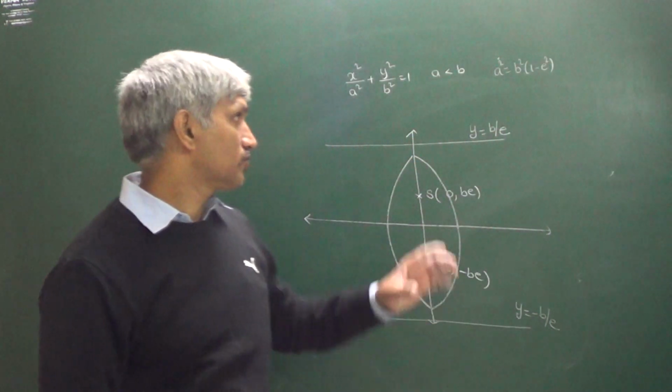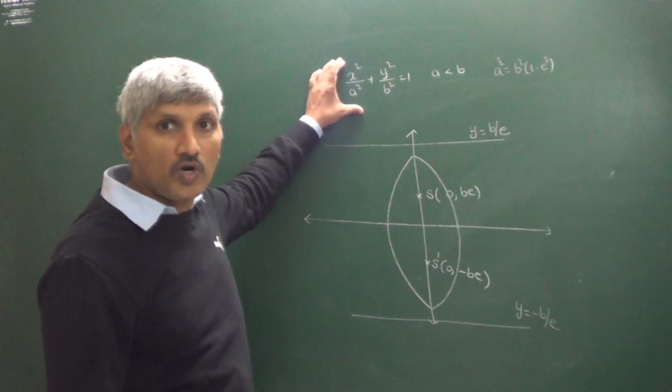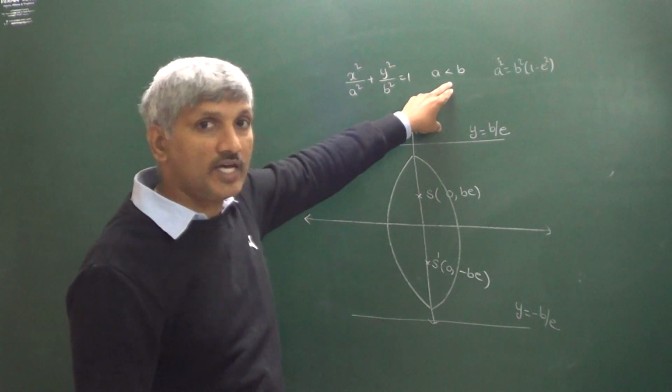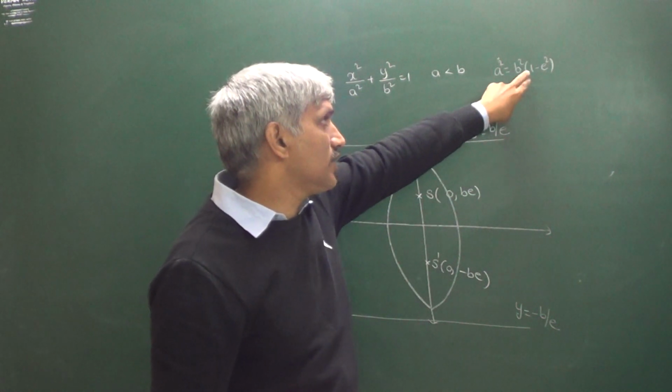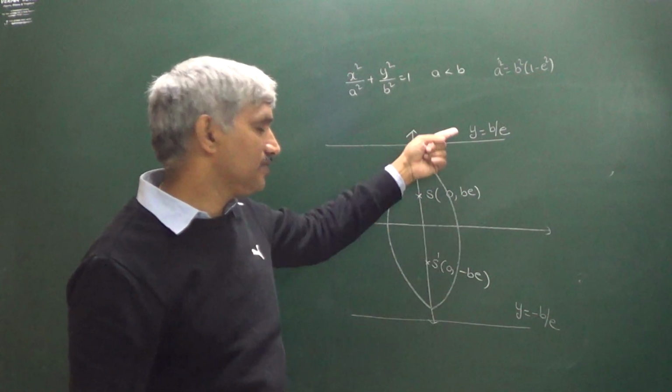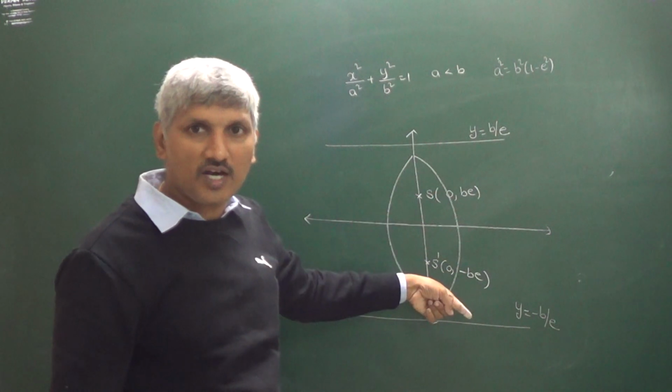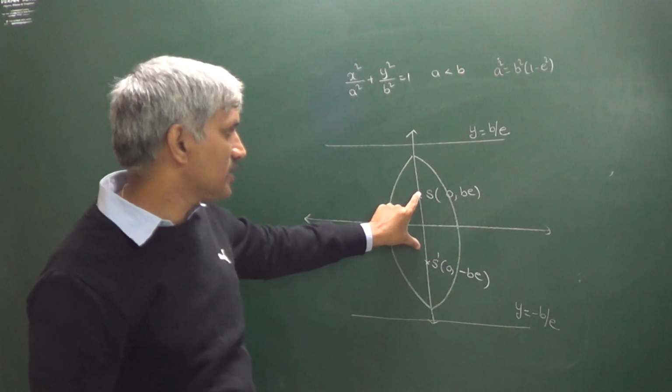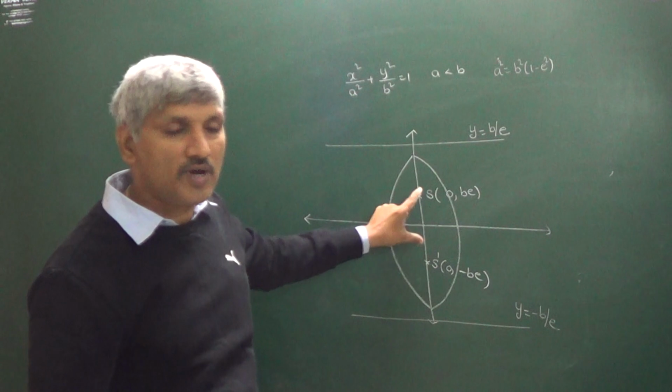So x square by a square plus y square by b square is equal to 1 is the equation of an ellipse when a is less than b, with a square equal to b square into 1 minus e square, the equations of directrix y is equal to plus or minus b by e, and coordinates of the focus (0, plus or minus be).